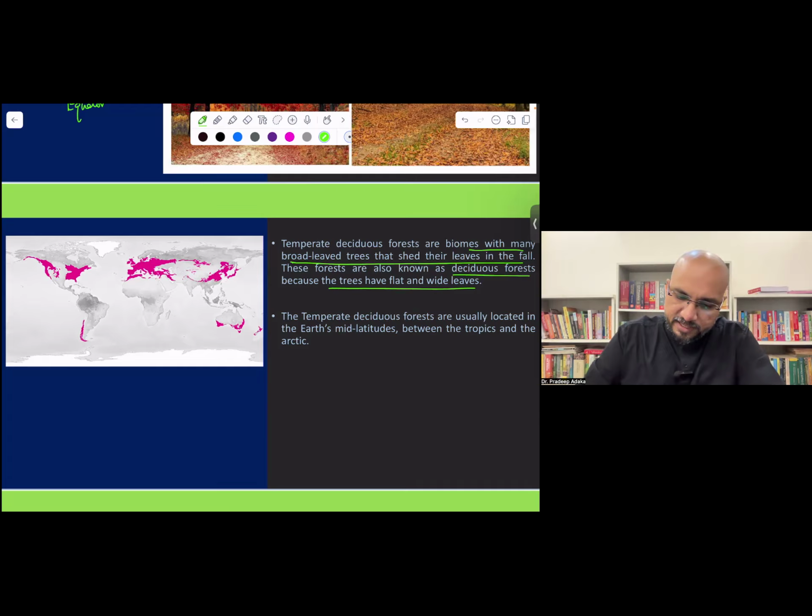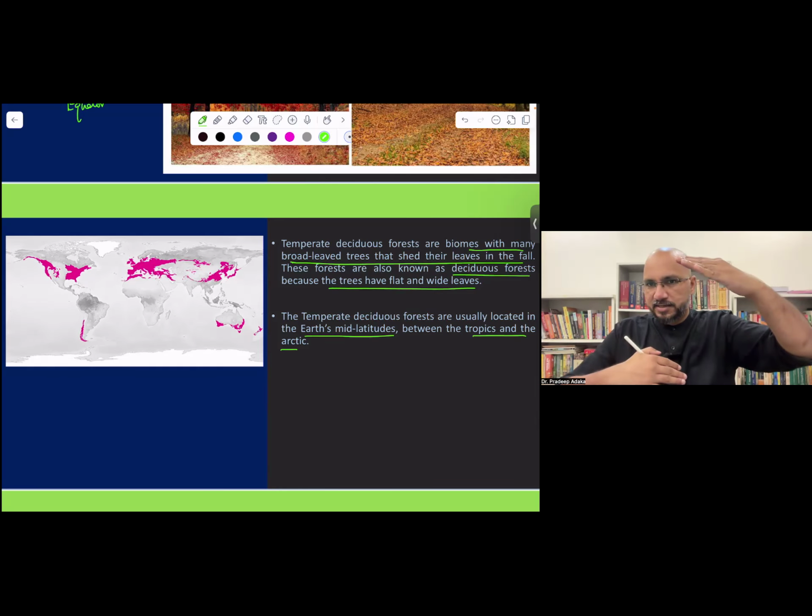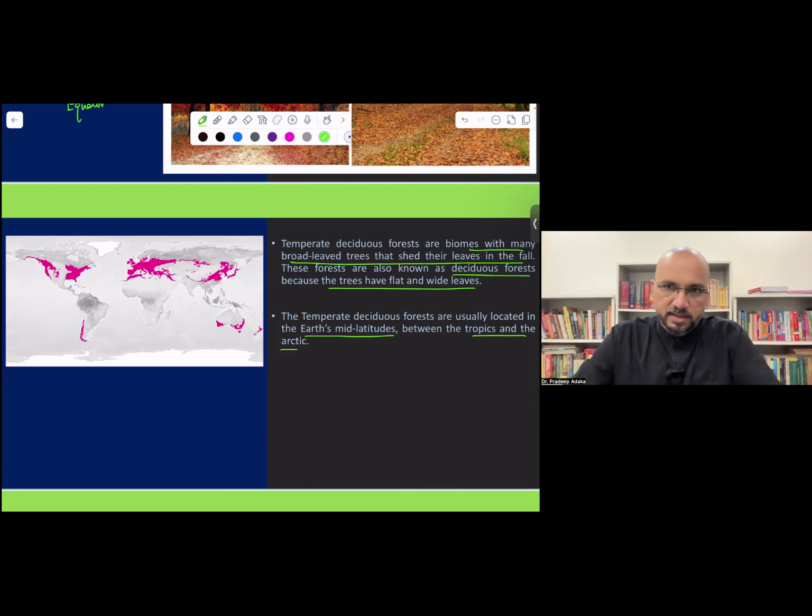They are located in the Earth's mid latitudes between the tropics and the Arctic. So temperate region, somewhere in the middle, not in the tropics. That means above the Cancer and below the Capricorn. So mid latitudes, temperate regions.